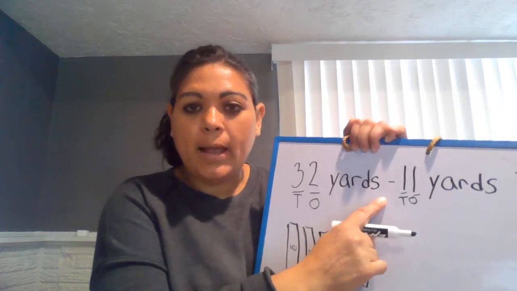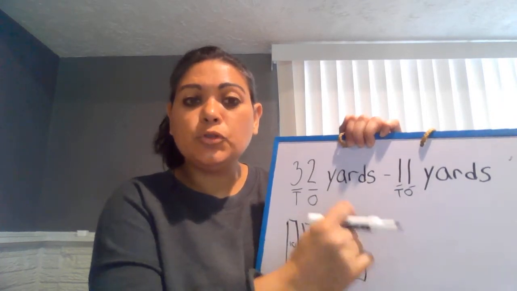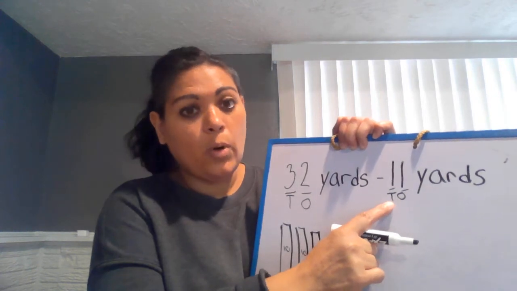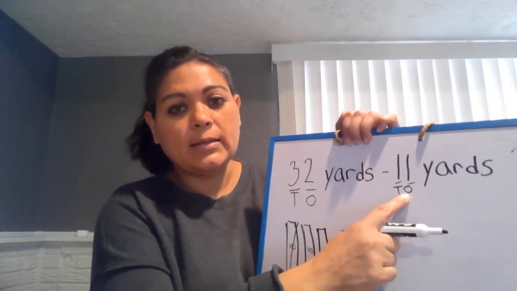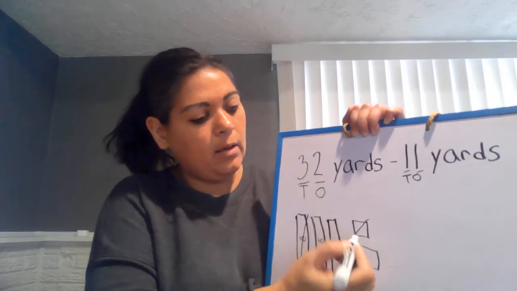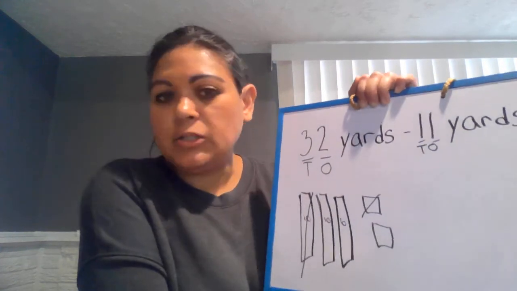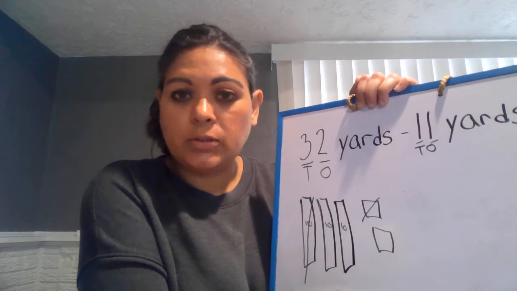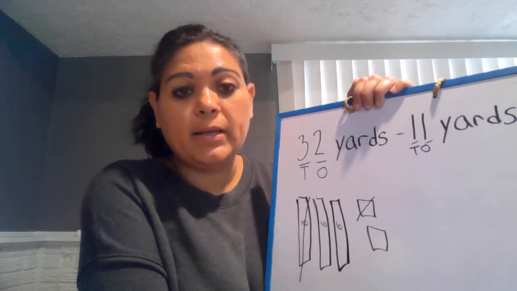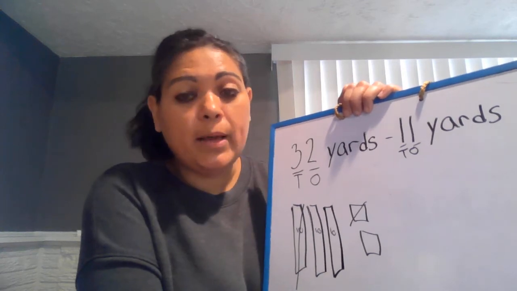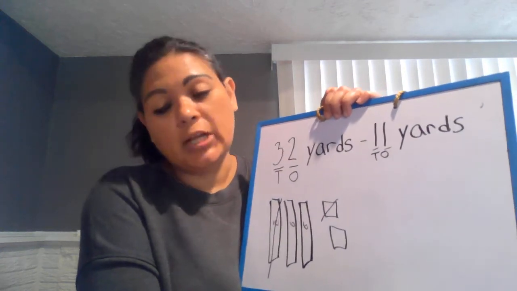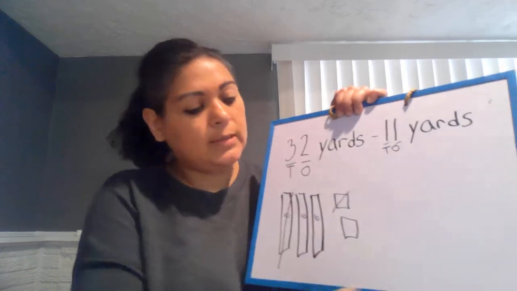So what am I taking away? I'm subtracting one group of 10 and I'm subtracting 1 1. Make sure that you use your one-to-one correspondence to check your work, because if you mismark something or mark too many, it's going to change your answer and it's going to be incorrect.